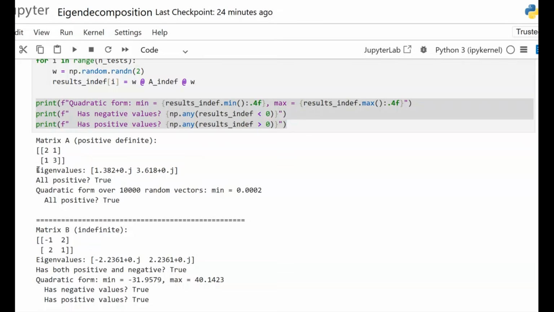Kindly observe, dear friends, we are determining the sign of eigenvalues by using diagonalization.